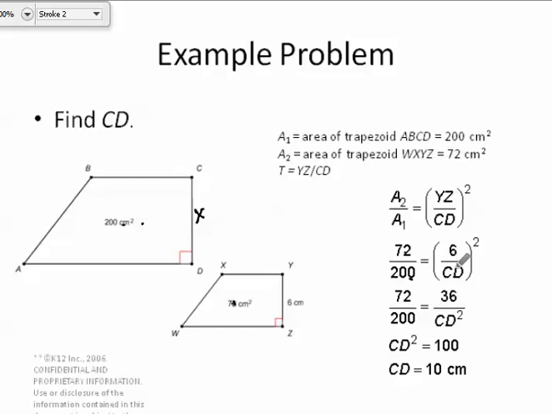Same thing. And so when I square that, I get 36 over CD squared. And then when I do my means and extremes and work it out a little bit, I get that CD squared is equal to 100. CD must be 10, because the square root of 100 is 10. So we found the height of that trapezoid. Ta-da.